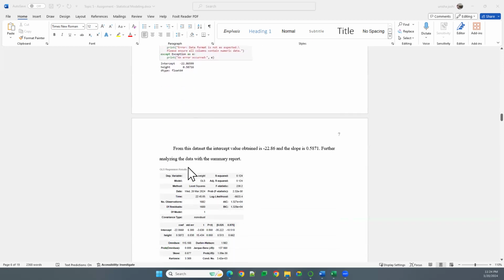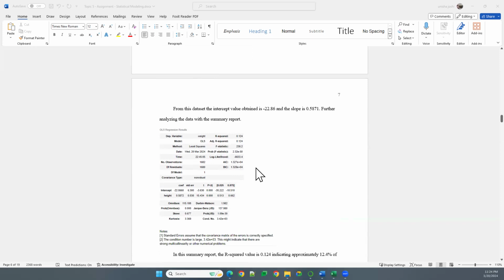I also derived the summary report from this data set, and it provided the R squared value as 0.124 and the probability of F-statistic value as 2.32 to the power minus 50, with the standard error for the intercept being pretty high at 6.3, and for the height or slope 0.038.